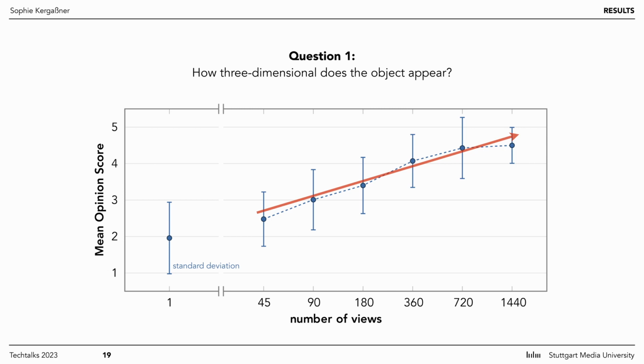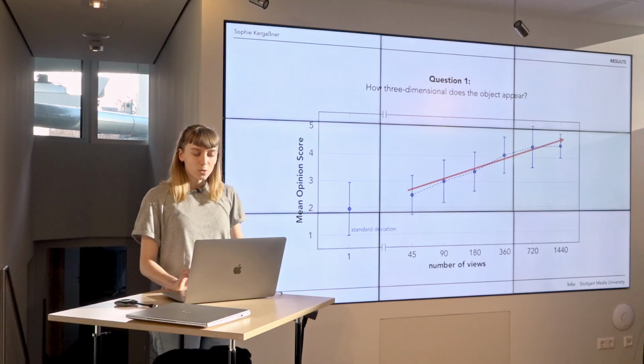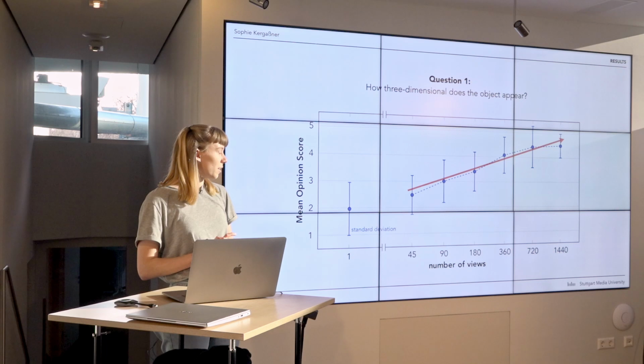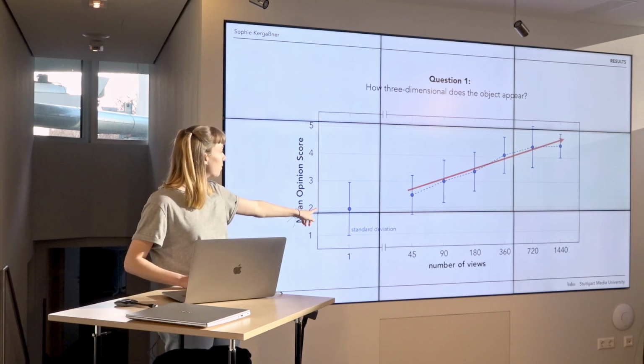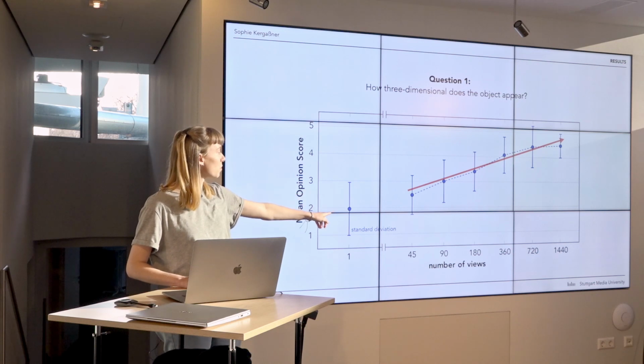And it's almost a linear rise in MOS in a logarithmic rise of views, so notice that at the bottom it doubles, but in the y-axis we have a linear scale. And that means that doubling the presented views always results in a similar rise. For example, if we put plus 45 views, we get the same rise as if we put plus 180 views, for example, so that's an interesting fact.